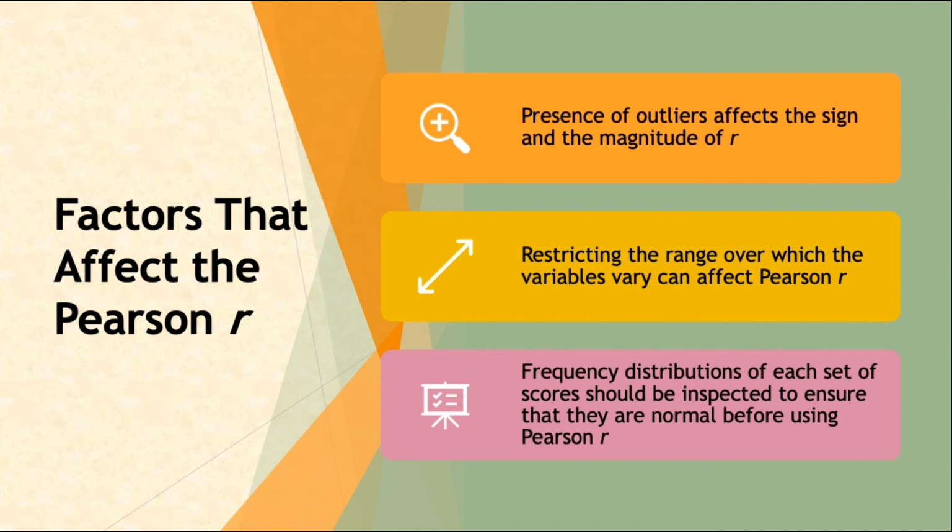Restricting the range over which the variables vary also can affect Pearson R. For example, if you were to examine the relationship between IQ and grade point average (GPA) in a group of college students, you would probably find a weaker correlation than if you examined the same two variables using high school students.